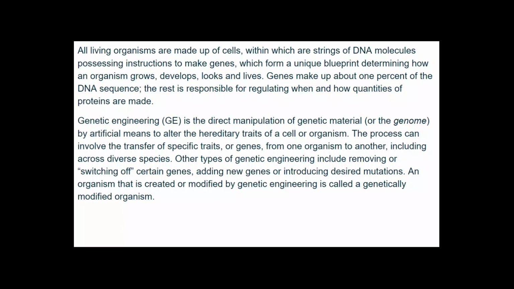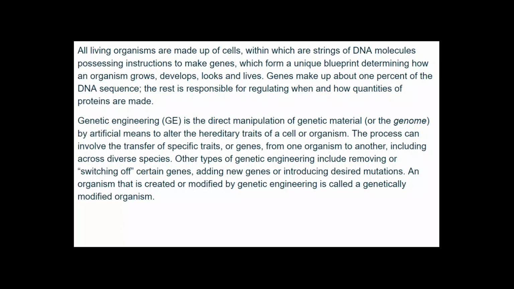So one of the most important things about genes, basically, is switching on and switching off. Genetic engineering is a direct manipulation of genetic material, which we can call the genome. So the genome of an organism is just the genetic material there, and by artificial means we alter the hereditary traits of a cell or organism. This process can involve transfer of specific traits or genes from one organism to another, including across diverse species.